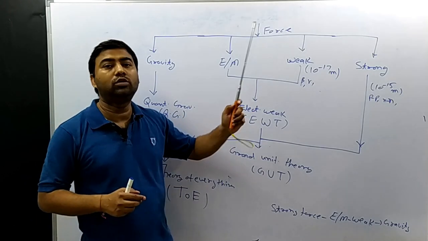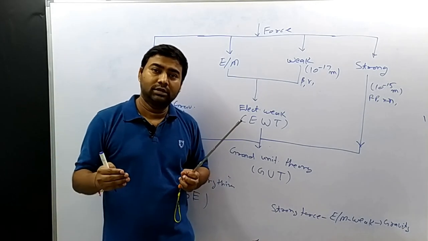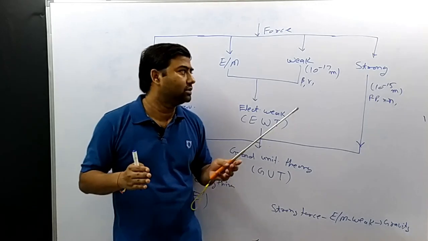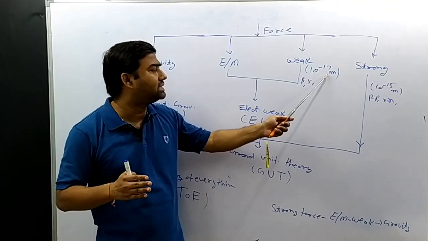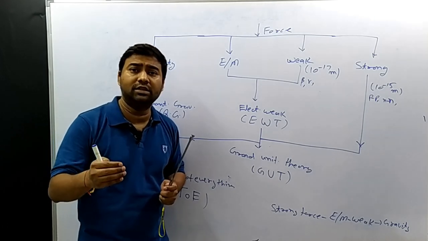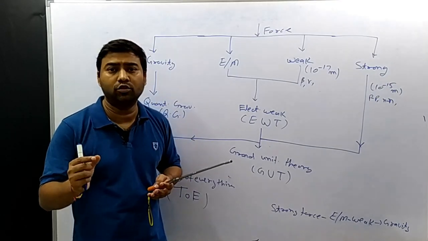Third is called weak nuclear force. It acts in a very small range, in the range of 10 to power minus 17 meter, which is 100 times smaller than the size of a proton.